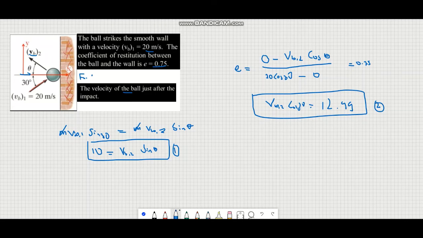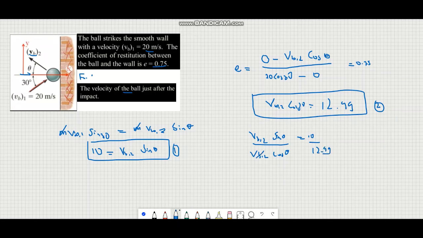The first equation, we have VB2 sine theta. Here we have VB2 cosine theta. If we divide each other, let's do this one: VB2 sine theta is equal to 10, and let's divide it by VB2 cosine theta, which is equal to 12.99.